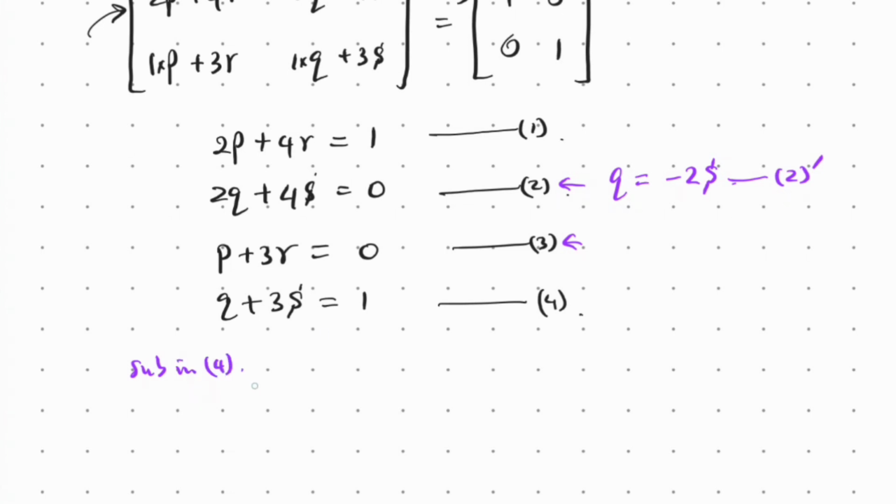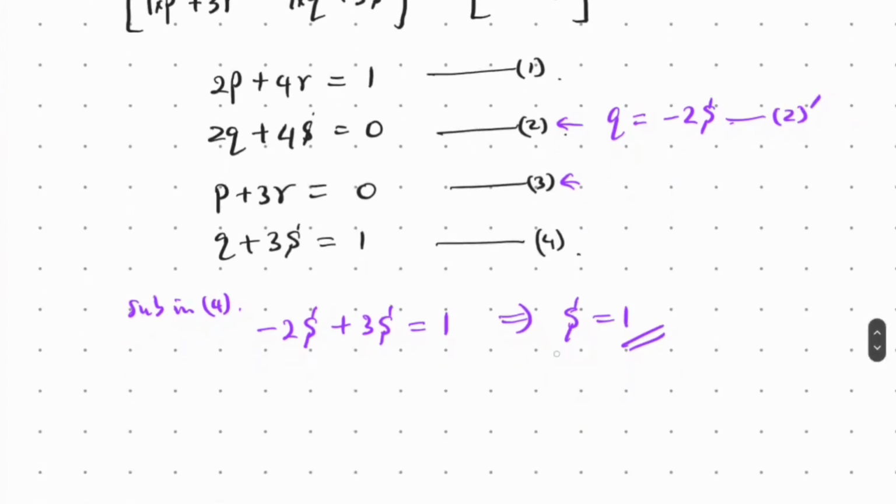Substituting for Q as minus 2S, this is S equal to 1. Once you know S, I can calculate Q by plugging it into the same equation. S is 1, that means Q plus 3 is equal to 1. Q is equal to minus 2, right? It agrees with this equation too.